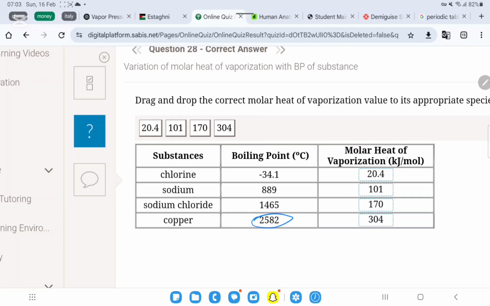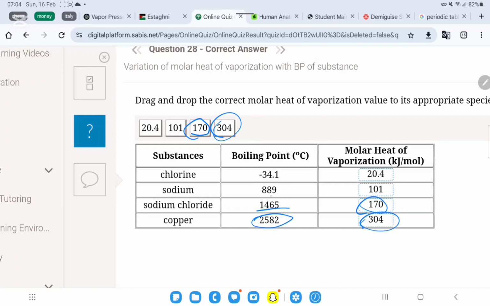Molar heat of vaporization is directly proportional to the boiling point. Since this is the biggest one, you go into the options and check which one is also the biggest one. So 304 here is the greatest one, so you put it beside copper. Sodium chloride is the second biggest, so you check the second biggest, 170, and put it here.